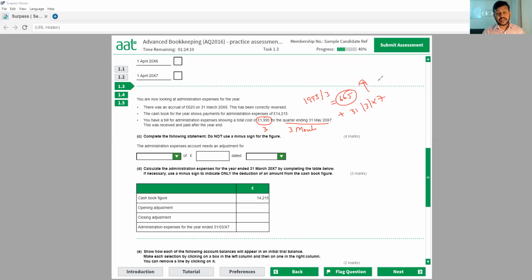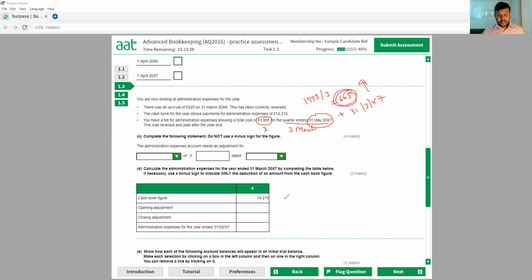According to the accrual concept, all the income and expense need to be matched against the income or expense that is relevant for that financial year. Regardless of whether we paid or received the money, we still have to record it. So 665, even though we didn't make the payment until May, still belongs to 31st of March 17, so we have to include it in that financial year.